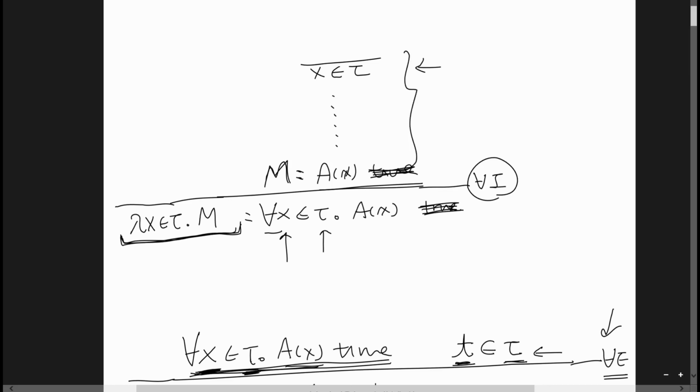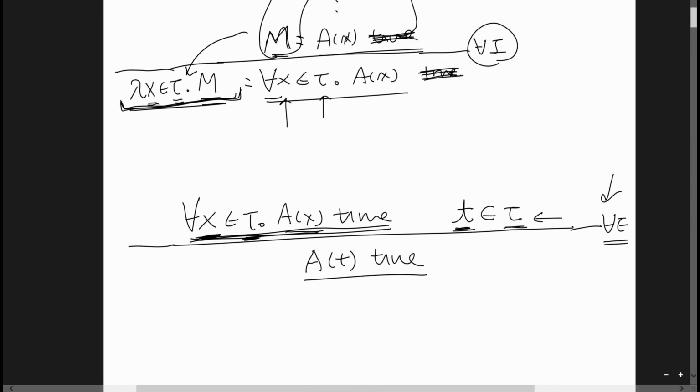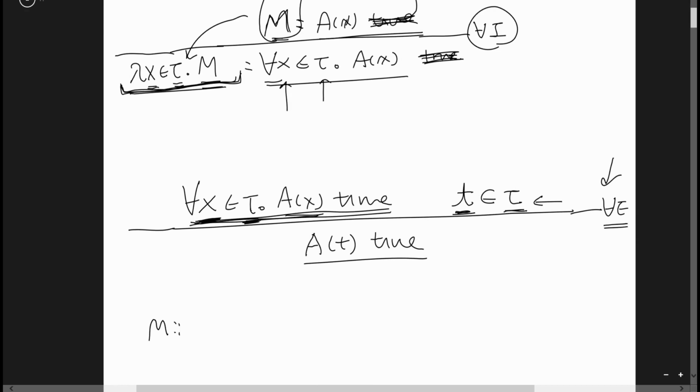From the premise, we have this term variable x, data type tau, and proof term m, all of which are found in the proof term here. So this is the proof term that we can assign to these universal quantifications. So the proof term now is lambda x tau over m.